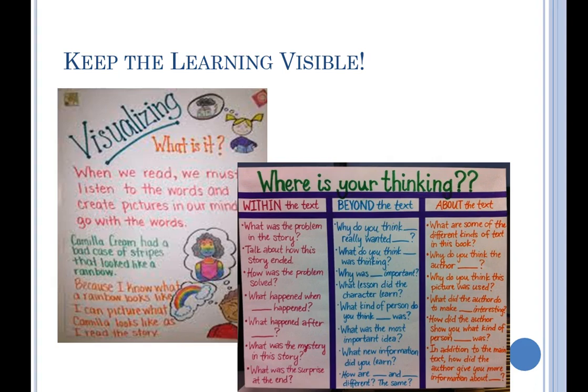What do we mean when we're talking about visualizing, how does it work, what's happening, and how do we use that strategy? It's really important to keep these visible for the students because you can keep referring to them over and over again to help them see that these are strategies that apply in many different situations and not just in one text that we did in October and now we've moved on. It's something that keeps coming up over and over again.